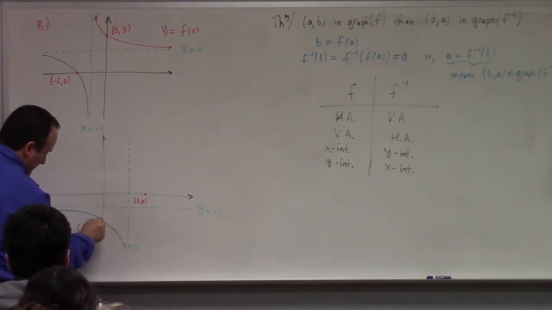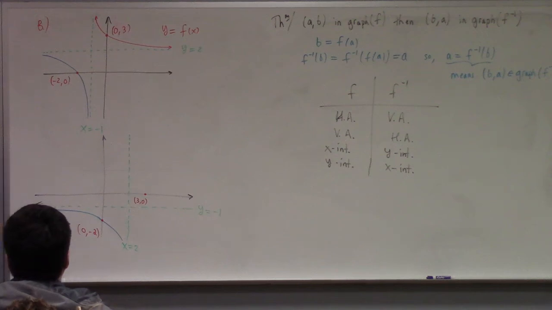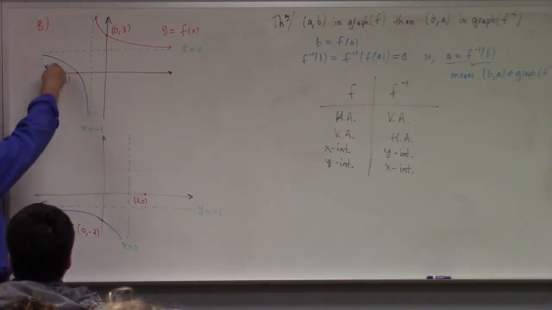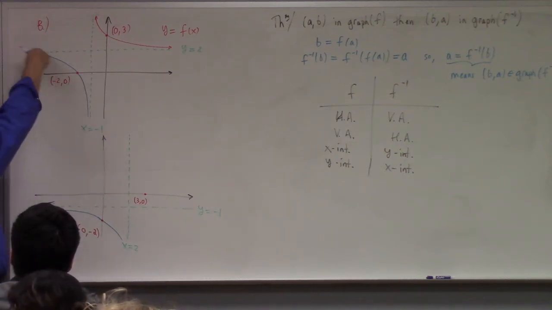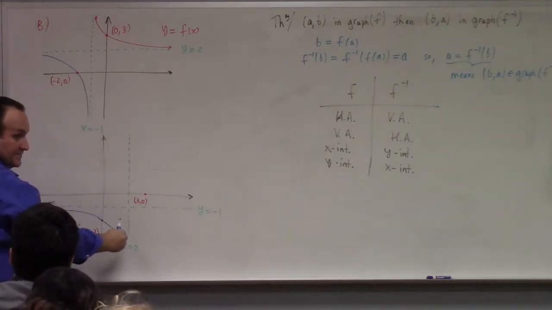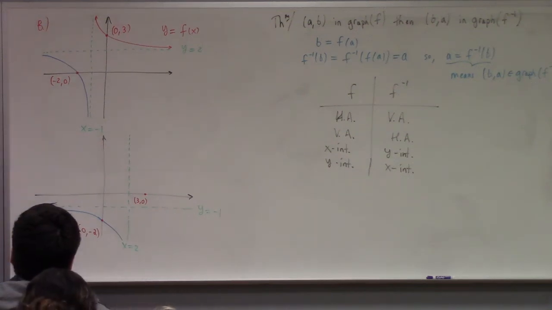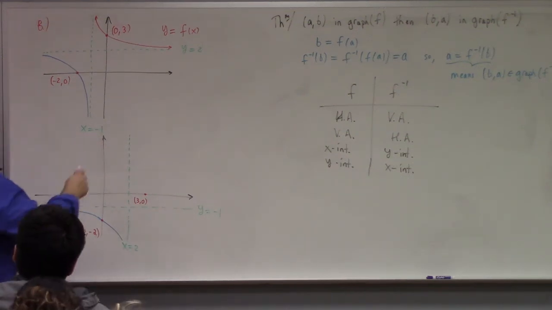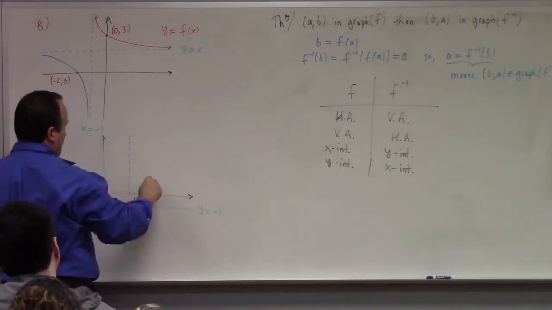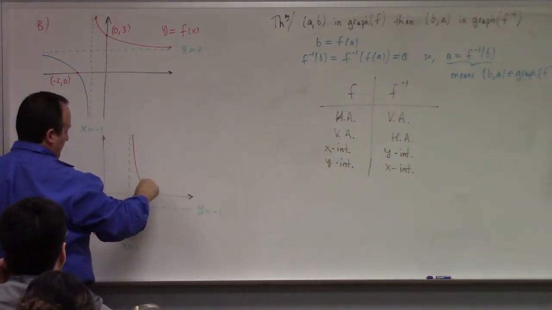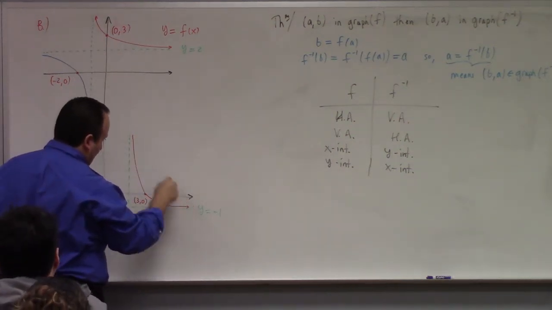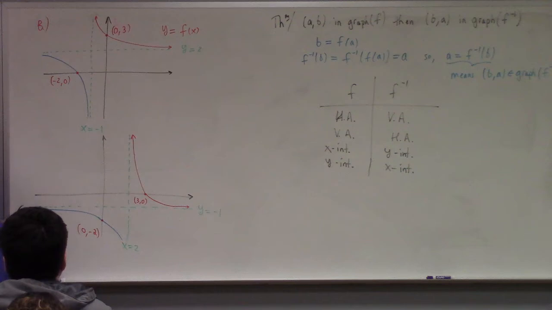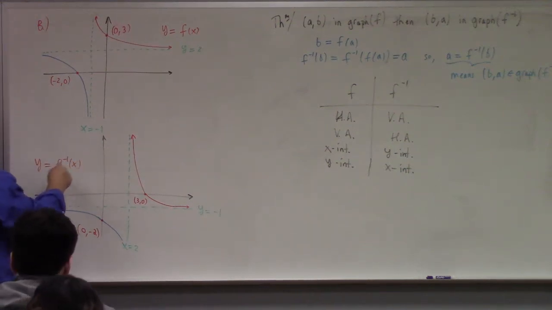This before vertical asymptote thing is becoming a horizontal asymptote thing, and this before horizontal is becoming vertical, if I do it right. And then the red piece, which was horizontal, now becomes kind of vertical, and then this piece which was vertical becomes horizontal essentially. So there you go. This is the graph of y equals f inverse of x.